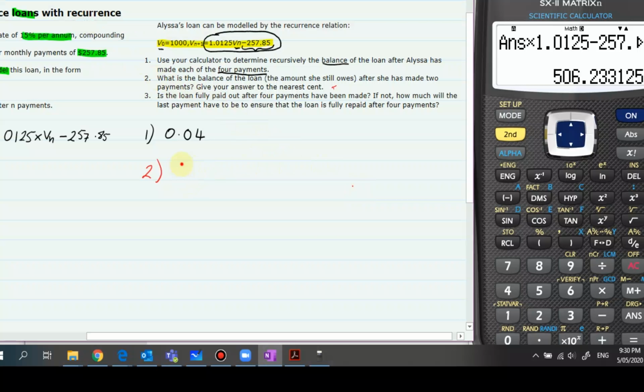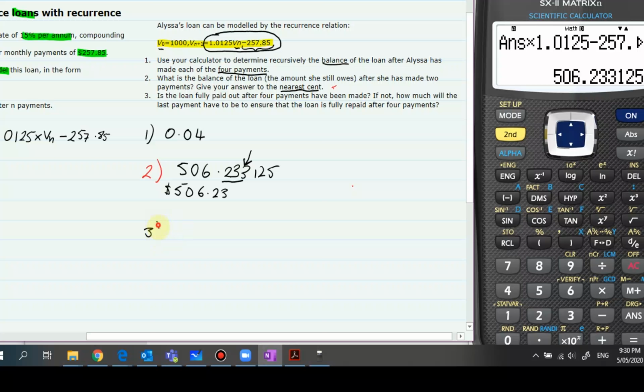So my answer to that is 506.233125. Now, nearest cent, we talk about the second decimal place. So this 3 is rounding us down. Rounding down means it stays the same. So the balance after 2 payments is $506.23.